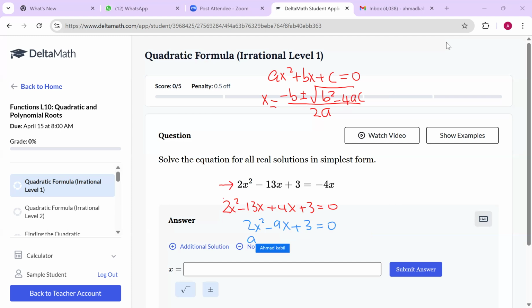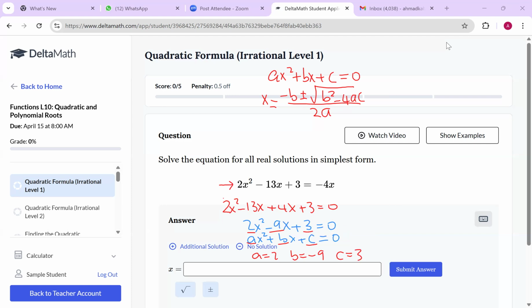So this looks like ax squared plus bx plus c equals 0. And now we have to just compare the coefficients. So a equals 2, b equals negative 9, and c equals 3.